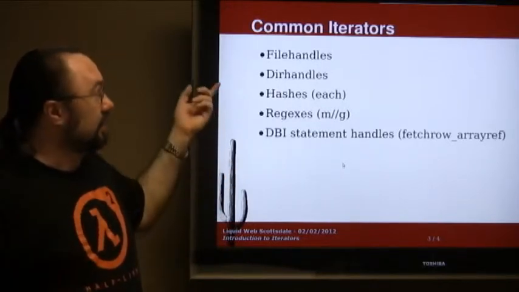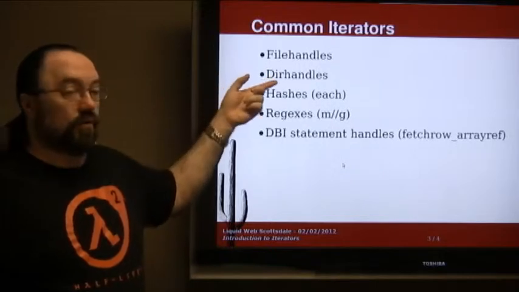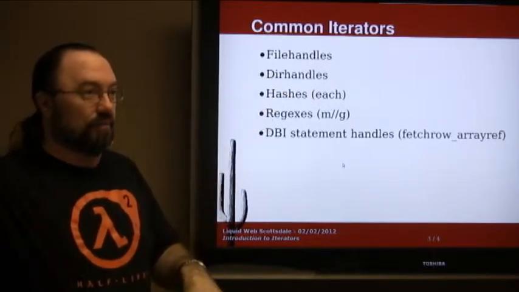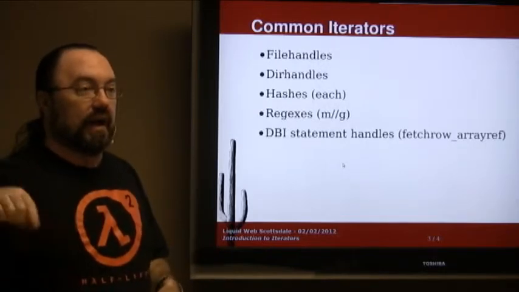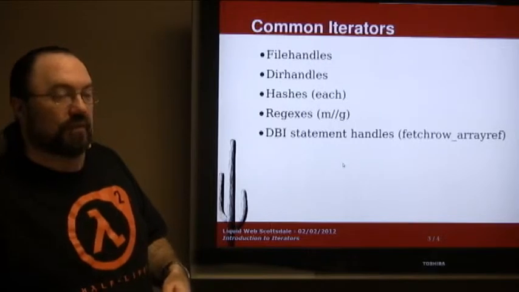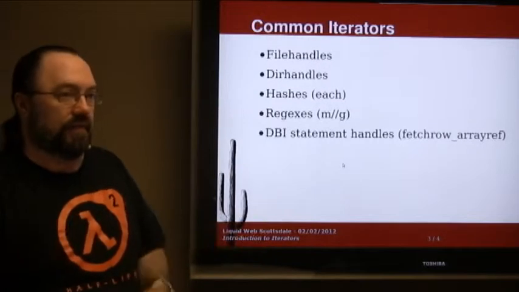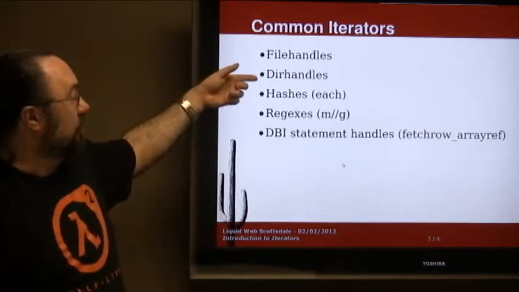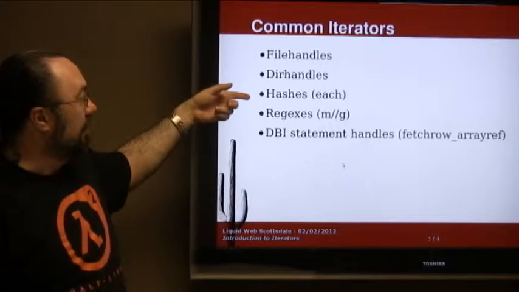But in scalar context, it's going to just act as an iterator. And it doesn't load the whole file into memory, because this file may be huge. It just gives you the next line. And again, it's got state information that keeps track of where I was at, what is the next record that I need to give. So dir handles, or directory handles, again, same thing.